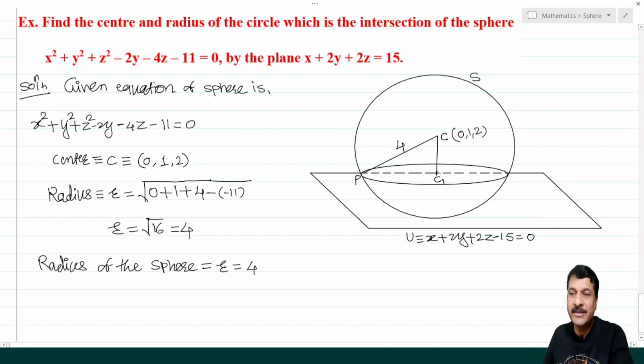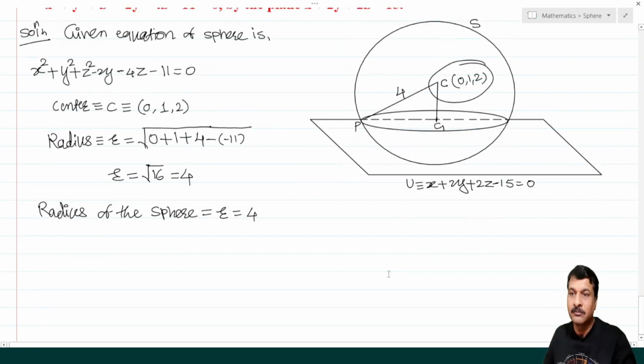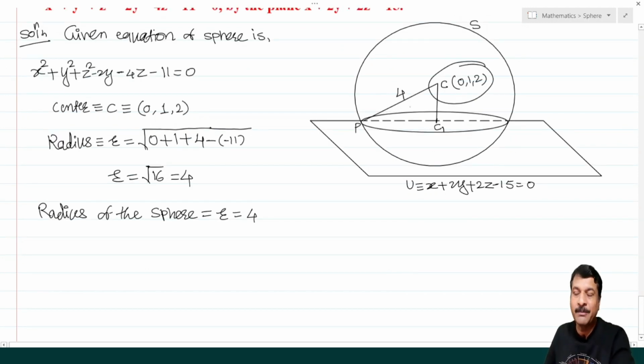Now our interest is to find C1. So you know the equation of a line passing through this point and having direction ratios 1, 2 and 2. Note that this CC1 is perpendicular to the plane, and therefore the direction ratios normal to this plane, meaning perpendicular to this plane, are the coefficients of x, y, z, meaning 1, 2, 2.